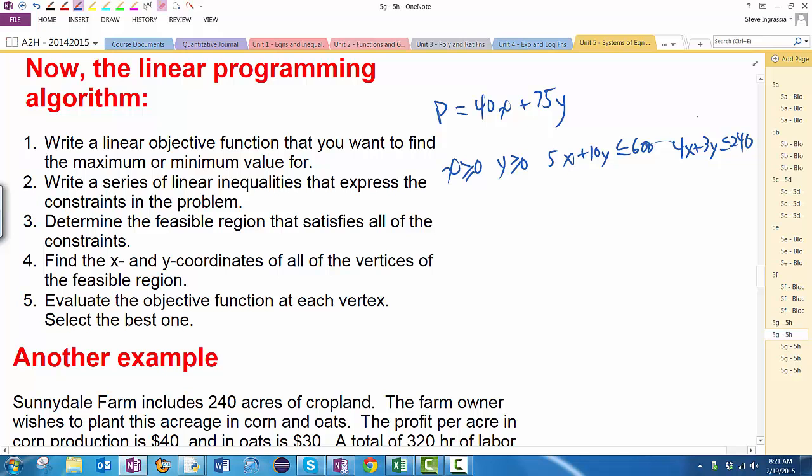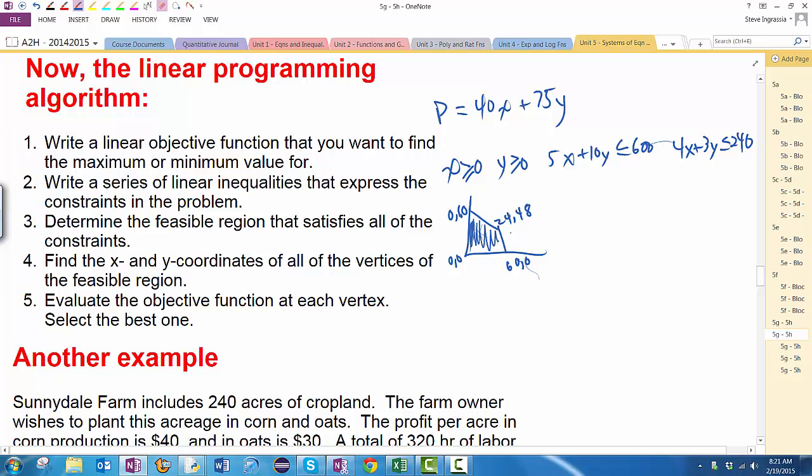Determine the feasible region that satisfies all the constraints. We did that. It was this quadrilateral, (0, 0), (0, 60), was it (24, 48), and (60, 0). Find the coordinates of all the vertices. Done. Now we're going to evaluate the objective function at each vertex.